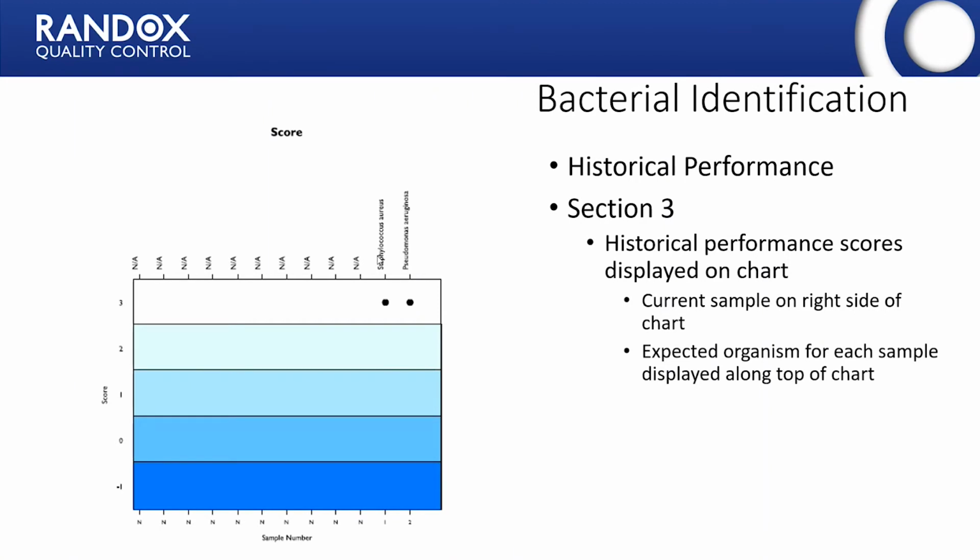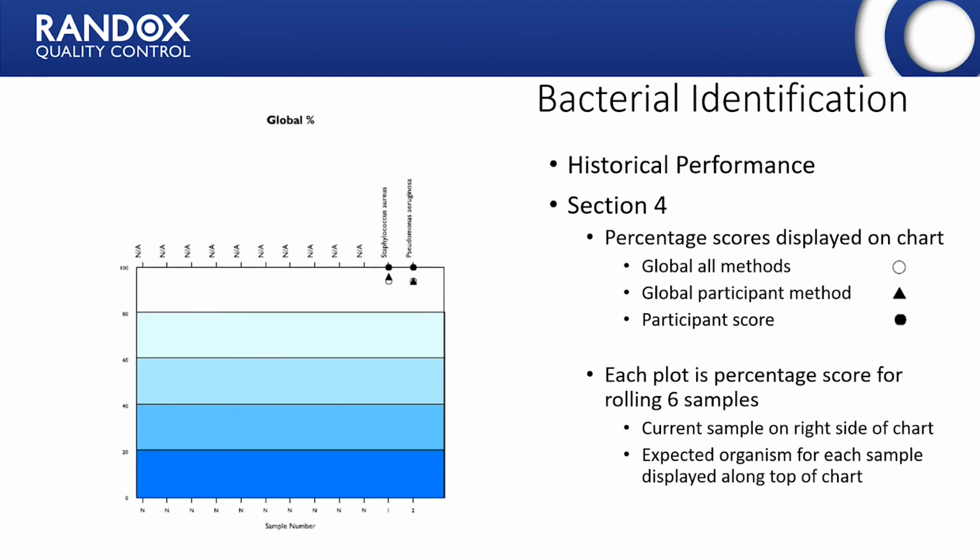Unlike any of their quantitative reports, there's no quantitative value here. So what we're displaying is the actual organism that was provided for that sample. So you can see for each individual sample, each individual organism, how they scored in that case.